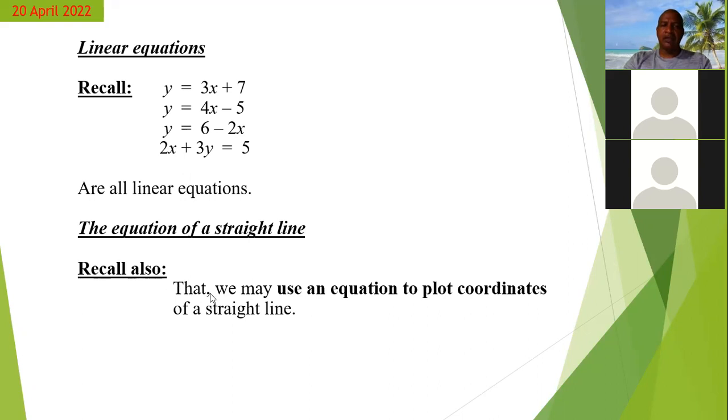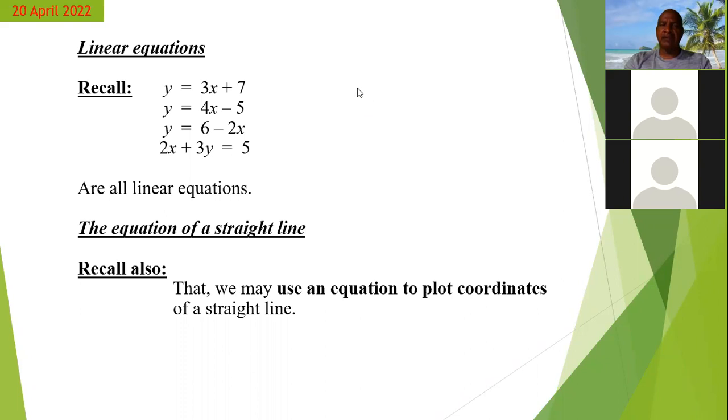Recall also that we may use an equation to plot the coordinates of a straight line. And we would have done that when we were looking at graphs. Now, remember that in order to use the equation to plot the straight line, we would have been given some values for x from one range to another.